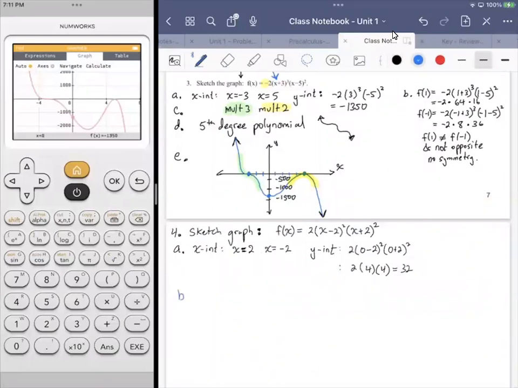So I'll put part B down here. I'll use 1 and -1 like I did before. f of 1, f of -1. So 2 times (1 minus 2) squared times (1 plus 2) squared, versus 2 times (-1 minus 2) squared times (-1 plus 2) squared.